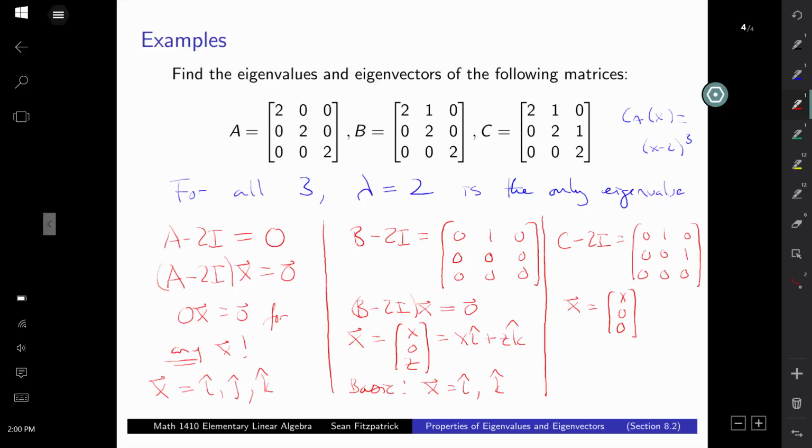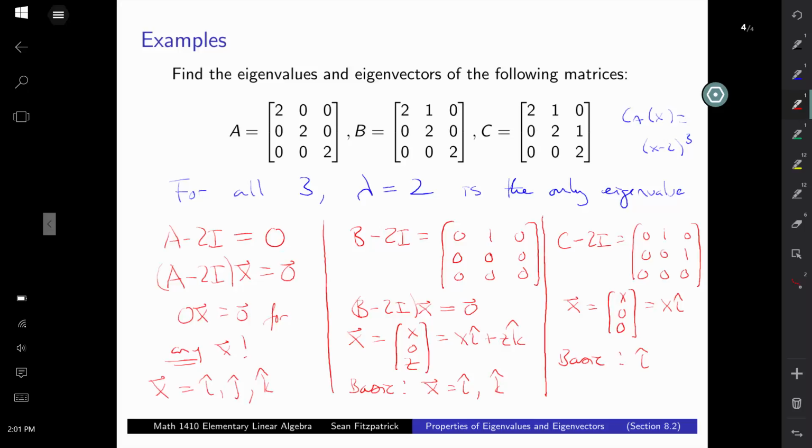But y and z both have to be equal to 0, right? So in this case, every eigenvector is a scalar multiple of a single basic eigenvector, simply i, right? So the basic solution here is only i. So for the matrix C, there was only one basic eigenvector corresponding to our eigenvalue.